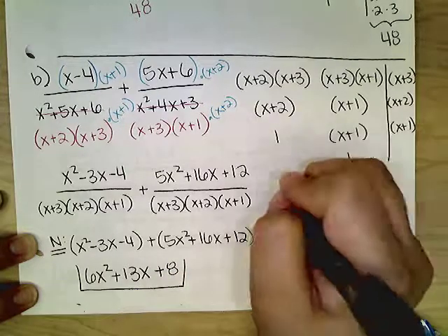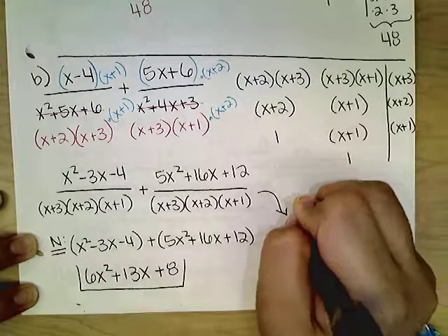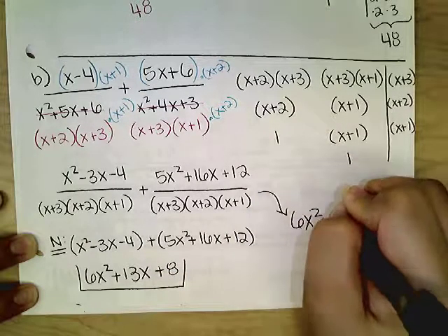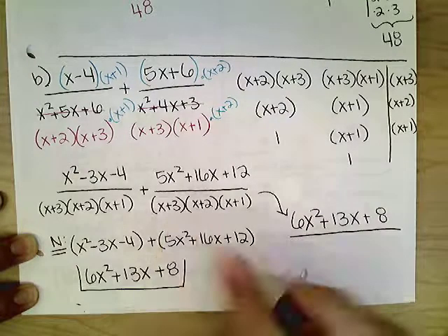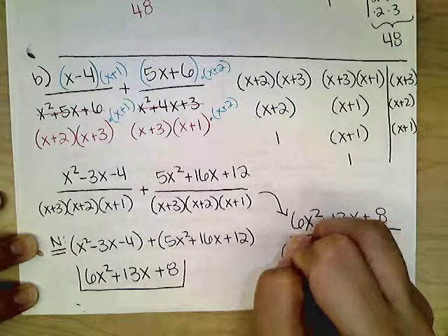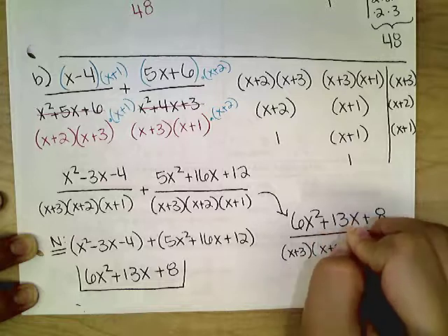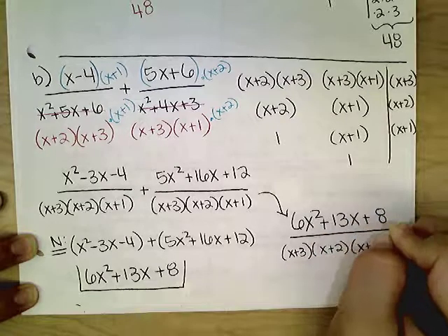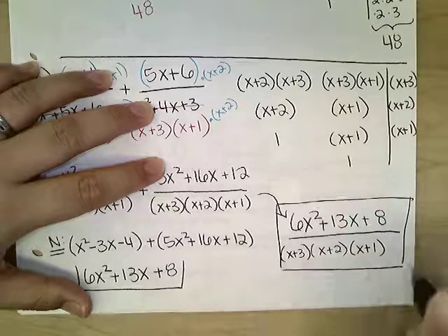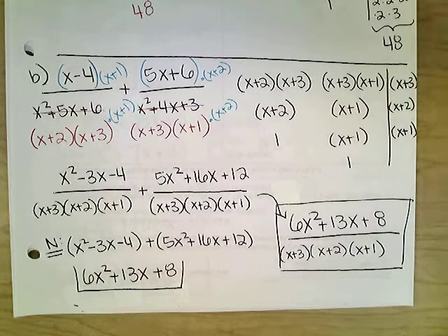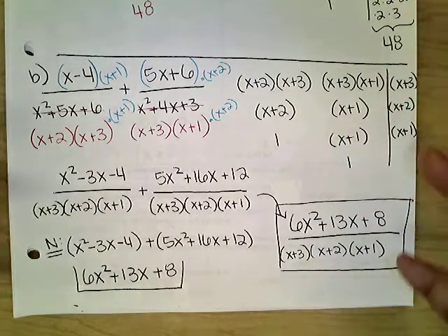So that's our numerator. 6x squared plus 13x plus 8 over the common denominator of x plus 3 times x plus 2 times x plus 1. I know that this one is pretty complicated. There's a lot of steps with it. I probably should have used a whole piece of paper instead of trying to scrunch it up.